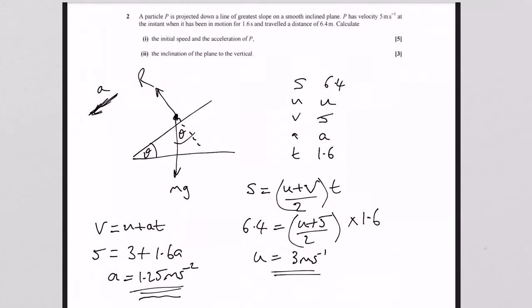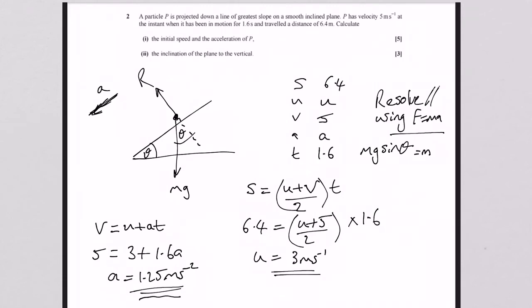So resolving parallel to the slope, using F equals ma, you have to remember it's not in equilibrium. We've got mg, the component of the weight, acting down the slope. Mg sine theta is the only force acting down the slope, and that's equal to ma.